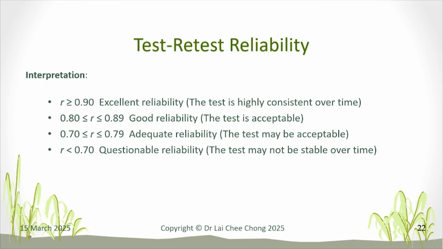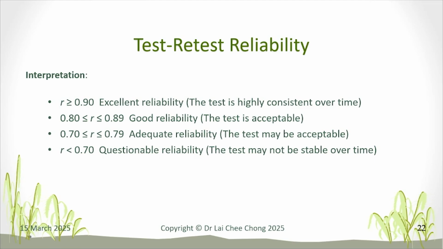You want the r to be as high as possible. If it is 0.9, you get excellent reliability. That means these two tests are highly consistent. It's good. That means your first test paper is a very reliable test.